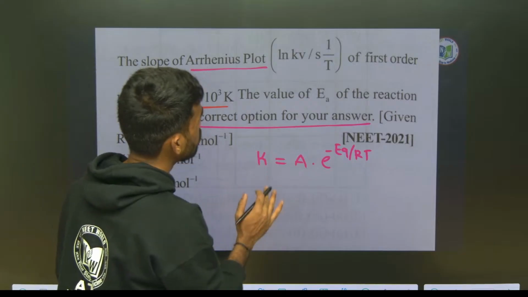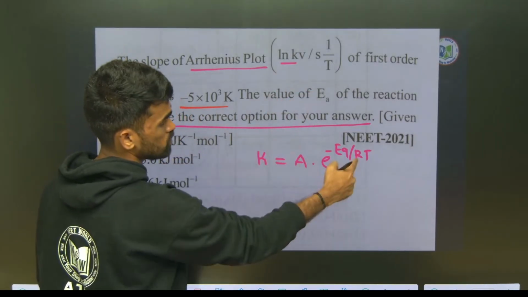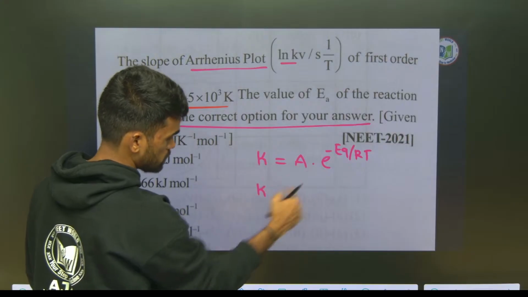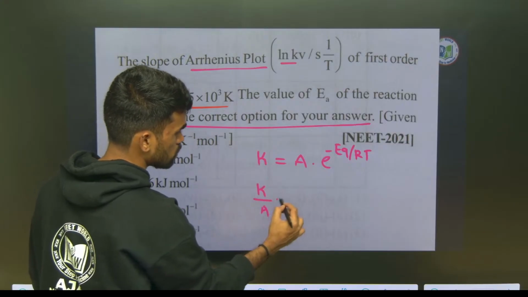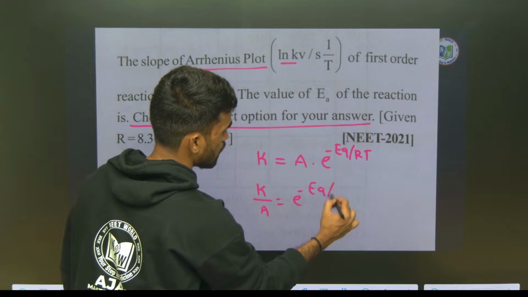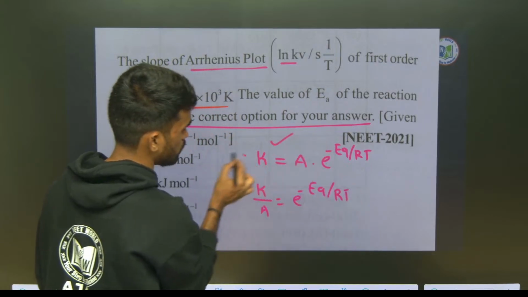Now they are saying ln K versus 1 by T. So how can I make it? K by A is equal to e power minus EA by RT. This is the Arrhenius equation, and from that I have written this.